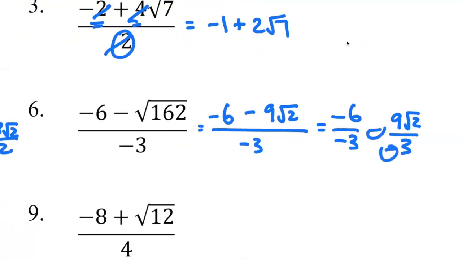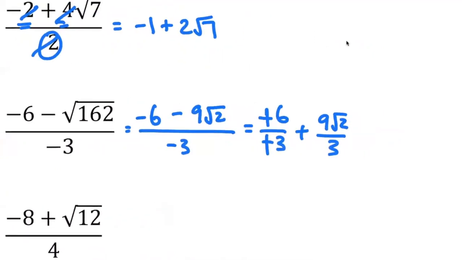This negative and this negative will neutralize each other to become positive. So these two negatives would also become positive. So 6 over 3 is 2, and 9 over 3 is 3. So 2 plus, oh sorry, 2 plus 3 root 2 is your final answer.